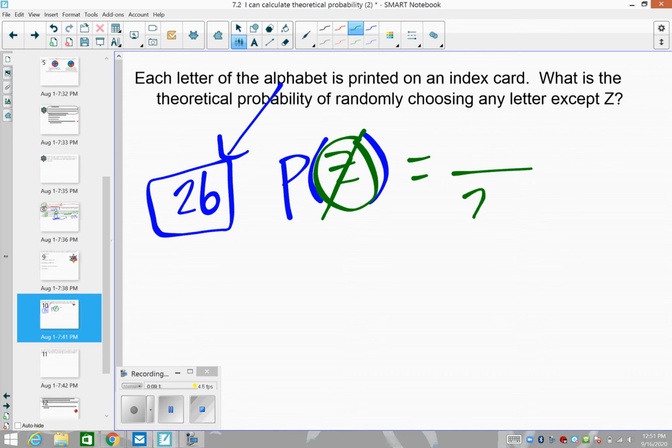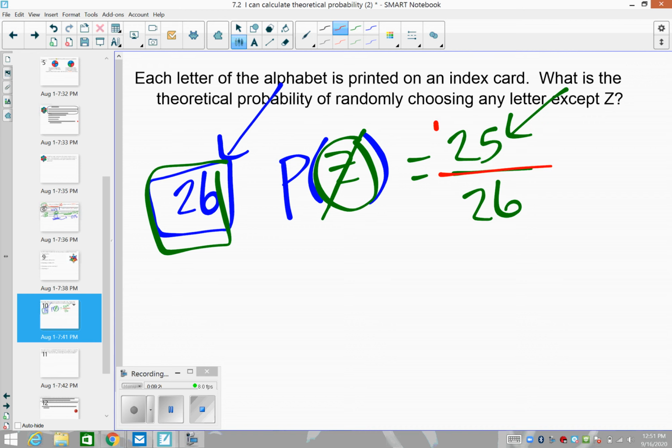So of the 26 letters, how many of the letters are not Z? Well, if we know the alphabet, right, and we know there's 26 letters, we know that 25 out of the 26 are not the letter Z. So to find the probability of that, we're going to divide down. So we have 25 divided by 26 gives us 0.96, which is 96 hundredths.